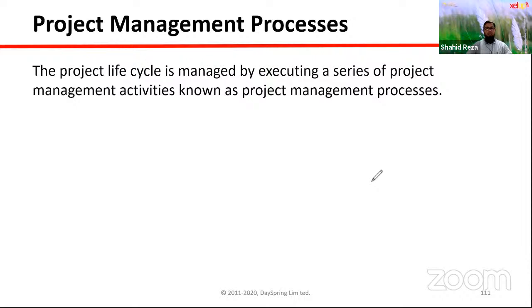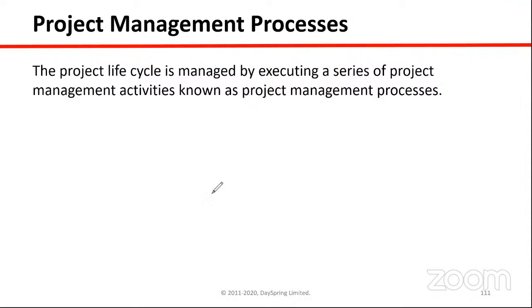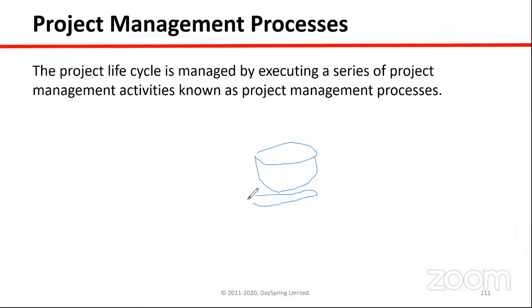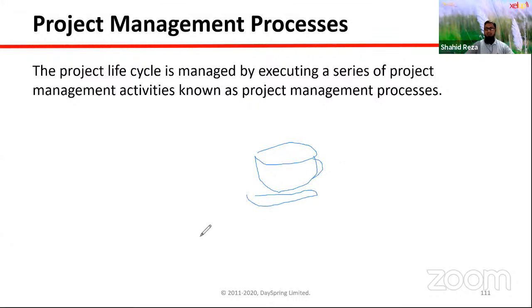Before starting the definition of processes, let me talk about making a cup of tea. Can you remember? I started this chapter with a question: how can we make a cup of tea? You need to help me make a hot cup of tea.